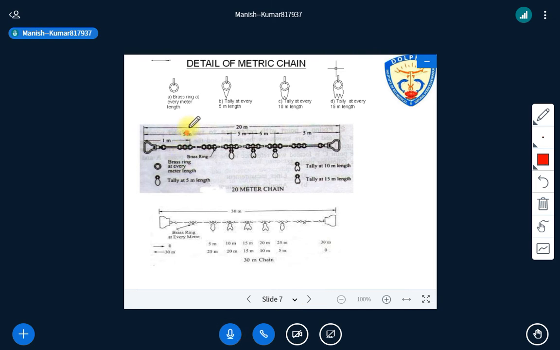The same thing has been elaborated here properly. Just look here. This is a metric chain, and if this is a 20-meter chain, I hope people are able to see that. The slide is clear to all of you.